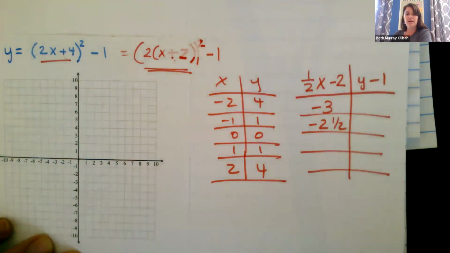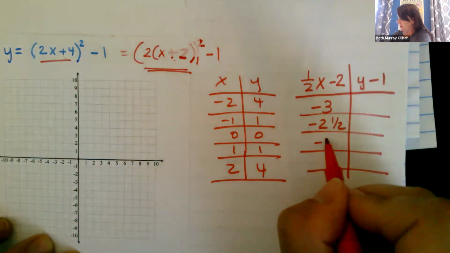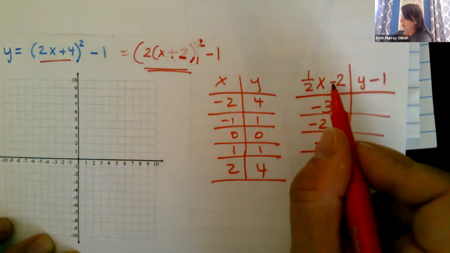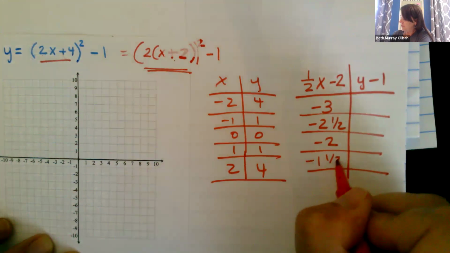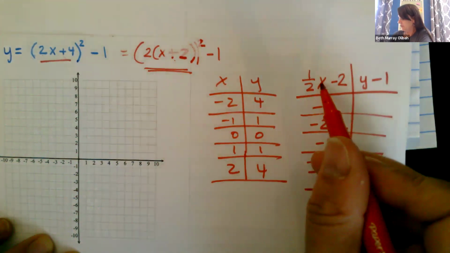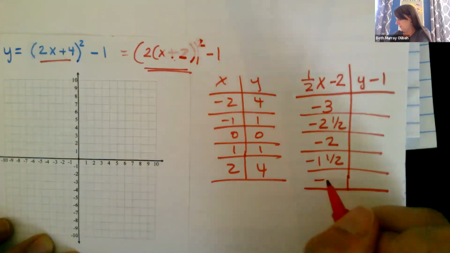So basically -2.5. If I plug in 0, I just get -2. If I plug in 1, I would get a 1/2 minus 2. So that would be a -1.5. And if I plug in a 2, 2 times a half is 1. 1 minus 2 is -1.